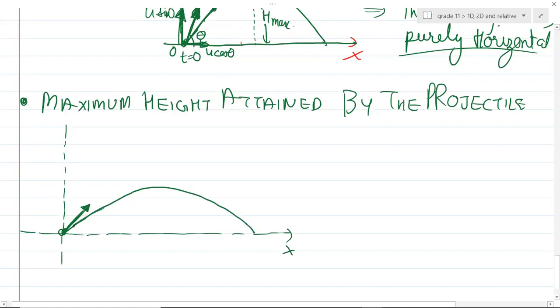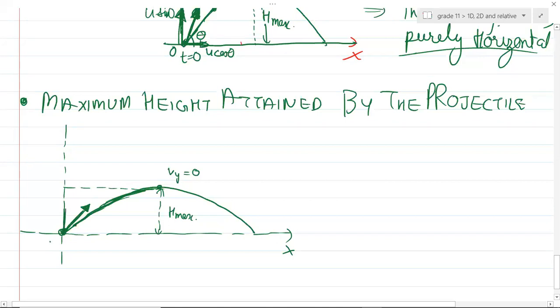So suppose I have thrown an object like this, and this is the parabola. At this particular point, will this be the h max, the maximum height attained? Yes or no? I told you at this particular time the vy component will become 0, right or wrong? So let's try to find out what will be the maximum height.